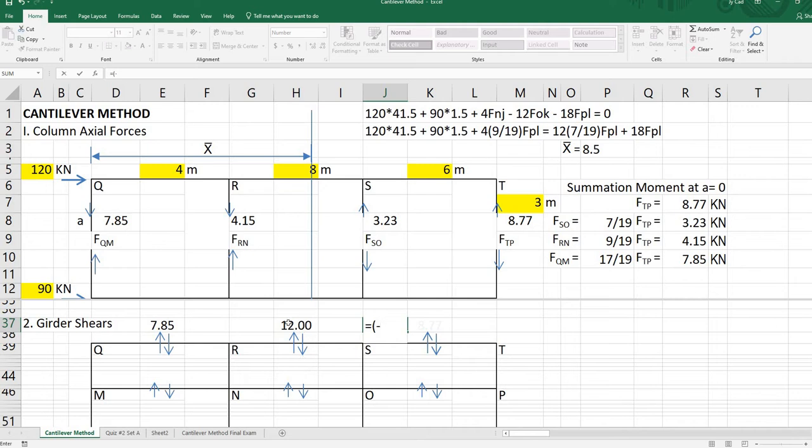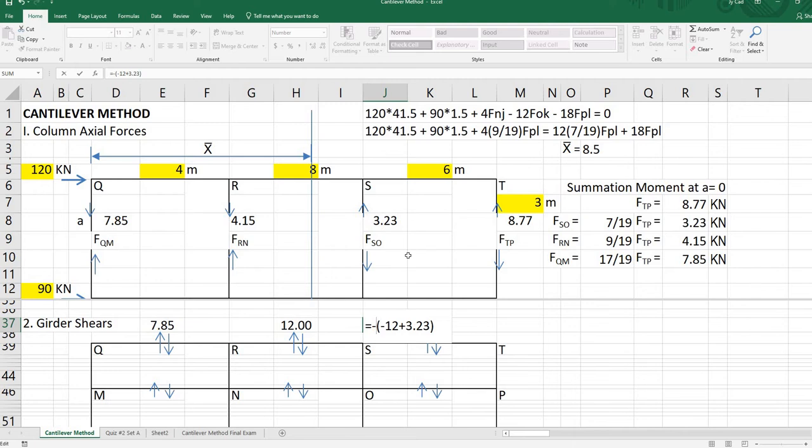So, negative 12 plus yung 3.23 upwards, ano? So, plus positive 3.23 or simply plus 3.23. And then, i-multiply mo yung negative value.